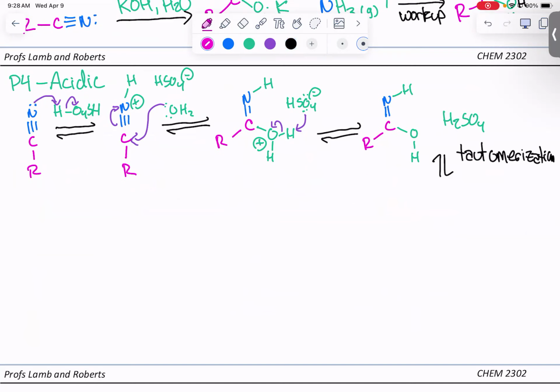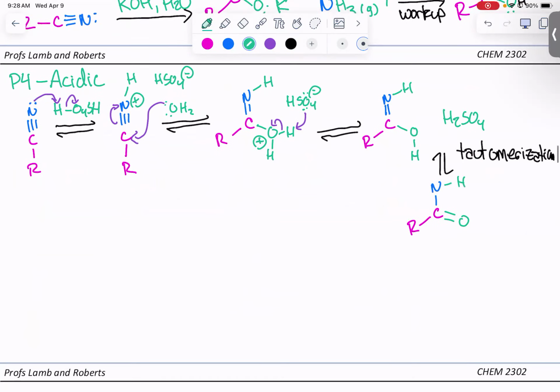So you will be responsible for the arrows. So we're going to get to this product. What we've done in a tautomerization is we've been able to isomerize our intermediate to what is an amide. So this is getting closer, actually, right? We've made an amide intermediate.